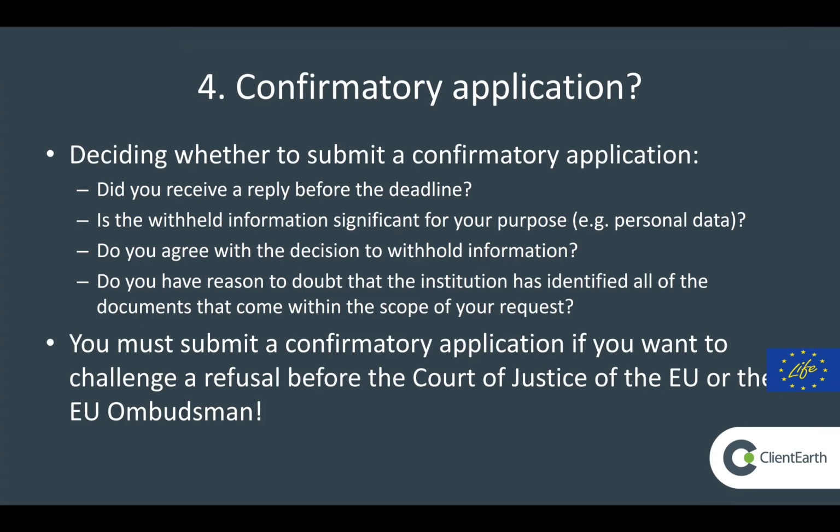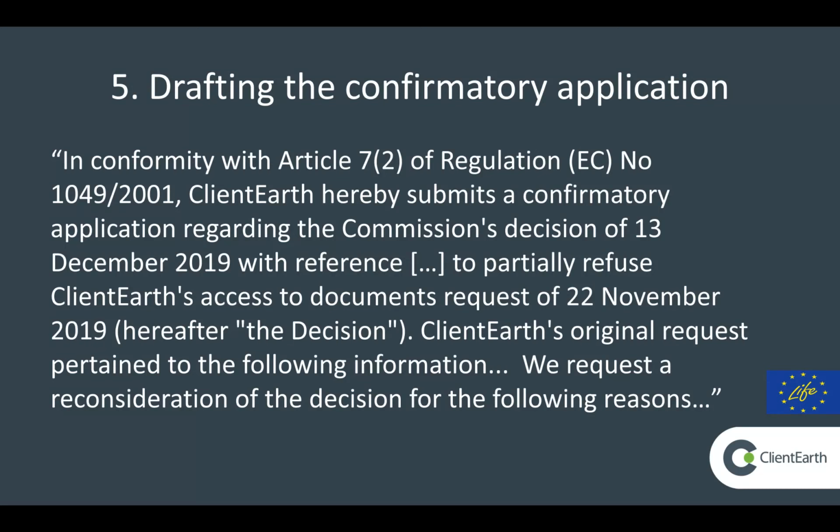So now turning to how to draft the confirmatory application. I've just put down here the opening paragraph that we would usually use in our confirmatory application. First of all, we make it clear what the legal basis of it is, Article 7.2 of Regulation 1049.